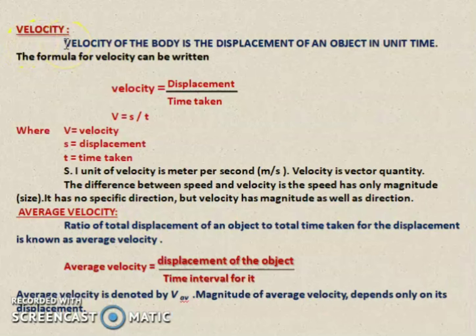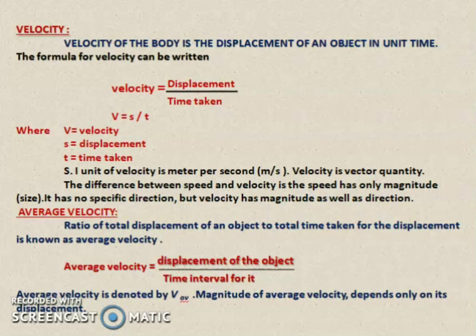The definition of velocity: the velocity of a body is the displacement of an object in unit time. The formula for velocity is velocity is equal to displacement upon time taken. You can see the difference between speed and velocity.